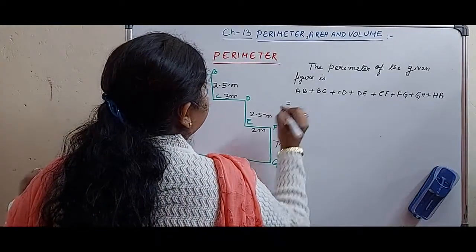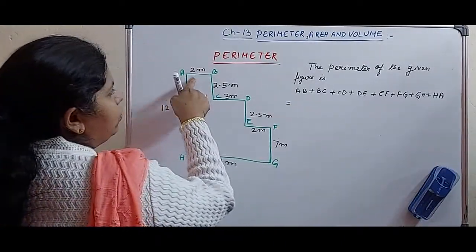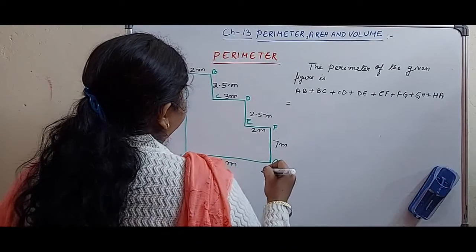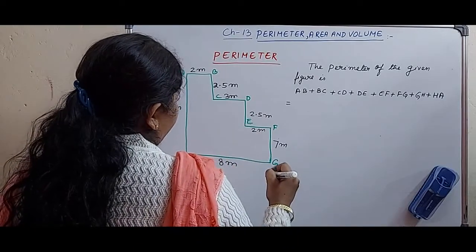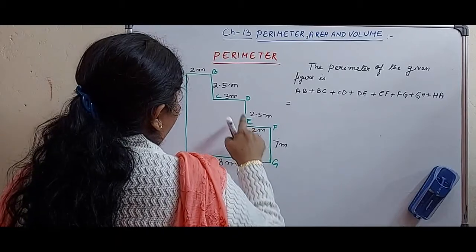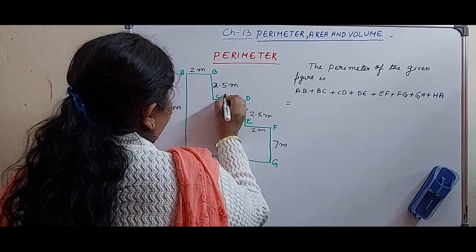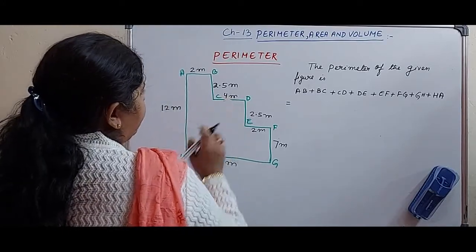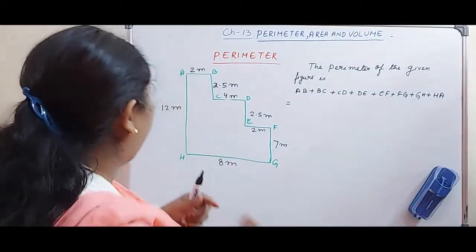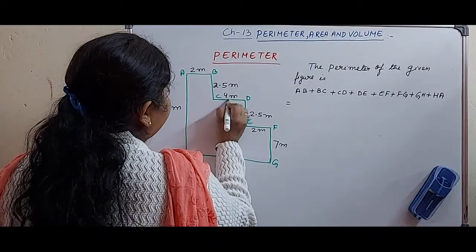We have to find out the sum of all these sides. So now mention the sides. AB is how much? It is 2 meter.